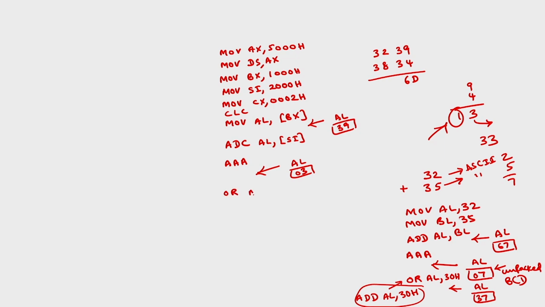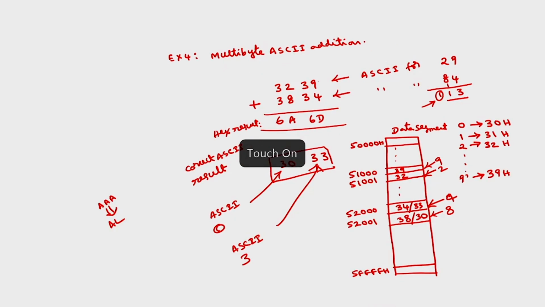OR AL comma 30H, so that AL will be having 33H, which is the ASCII corresponding to 3. This I have to store back, I have to replace the second number with this result. So you have to store, means move contents of SI comma AL, so that this 33 will be saved back, it will replace this second number 34 with 33.